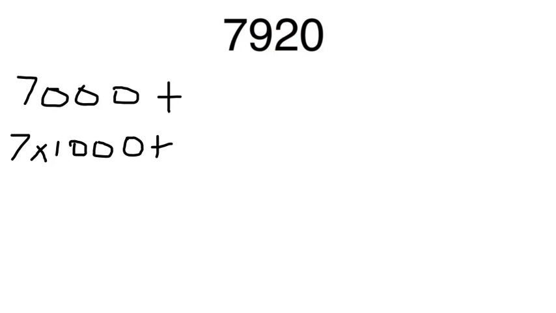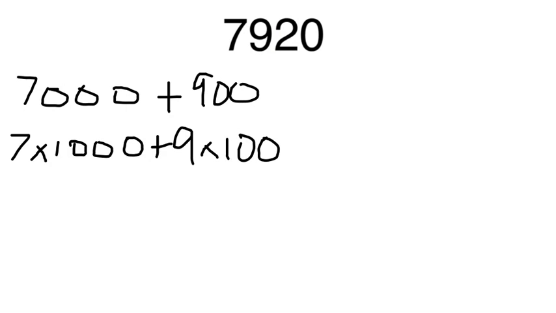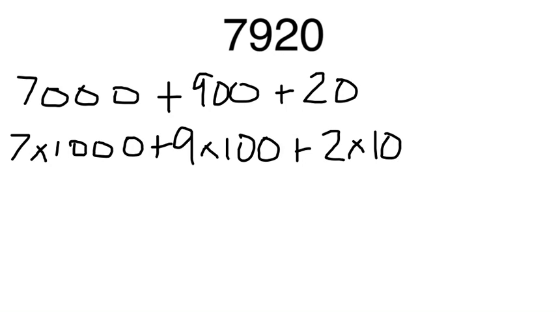My 9 is in my hundreds, so I could write that as 900, or 9 times 100. The place value after that is my tens, so that 2 is a 20, or I could write it as 2 times 10, and then I'm done because there's just a 0 in my ones place, so I don't have to write anything.